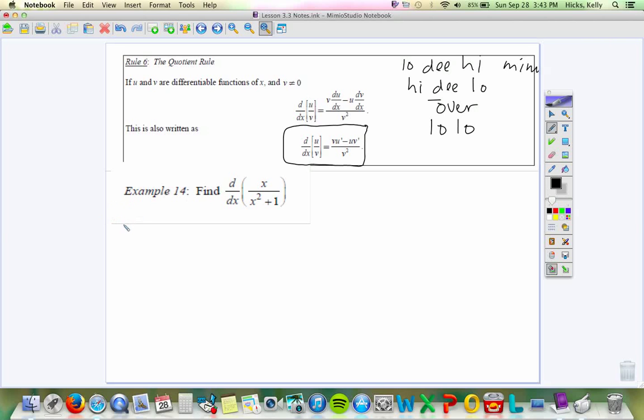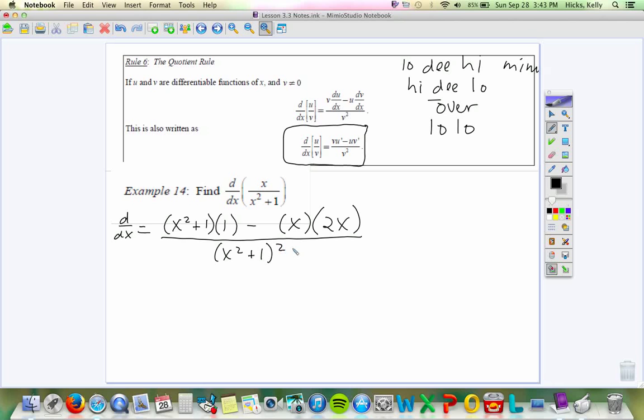All right, so how would we do this? Well, the derivative with respect to x is going to be low d high, so the bottom, the low, times the derivative of the top, which is just 1, minus the top times the derivative of the bottom, over low squared, or the bottom squared, or the bottom times itself.